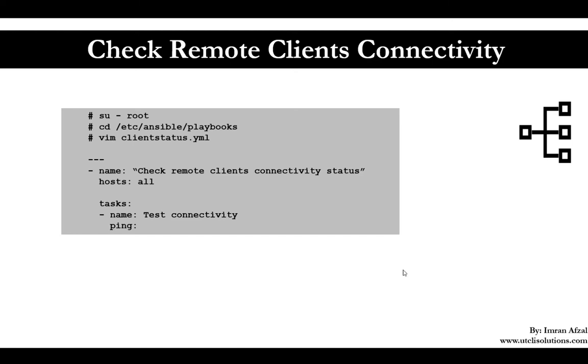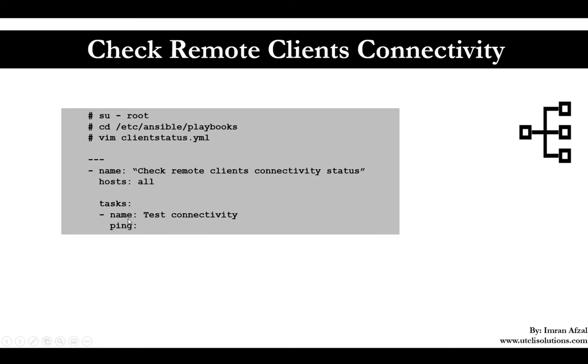The only difference you probably notice is right here: the host is all, which indicates that all the hosts inside of the /etc/ansible/hosts file should be part of this Ansible playbook, or this playbook should be executed on all of those remote clients.